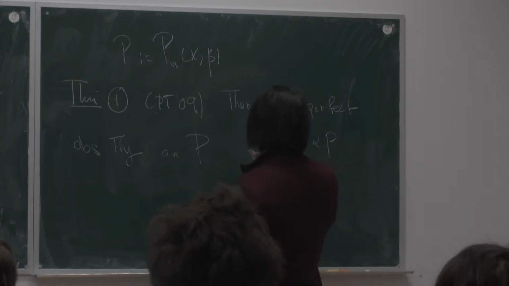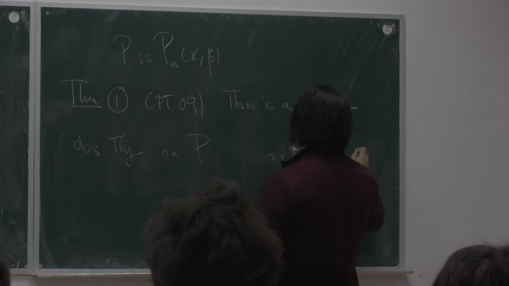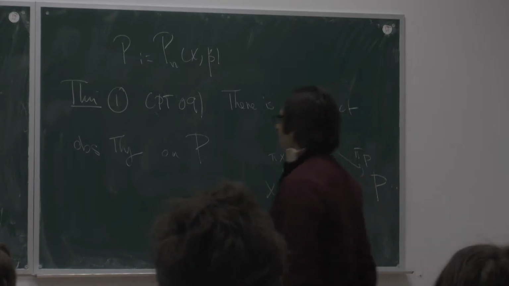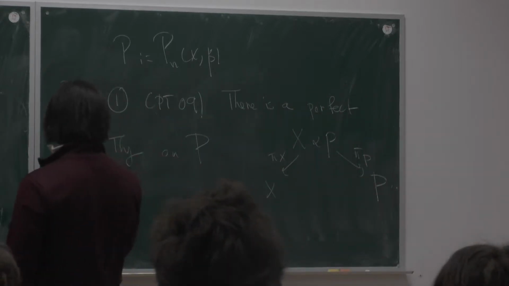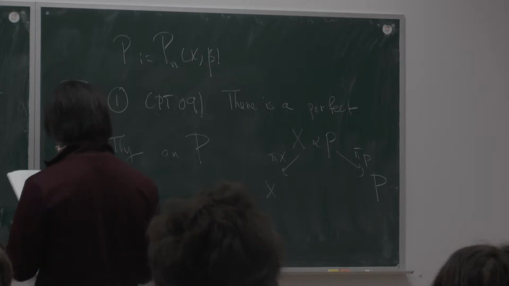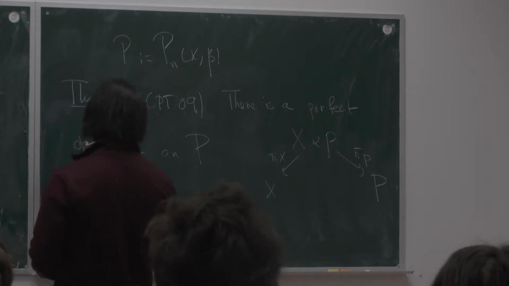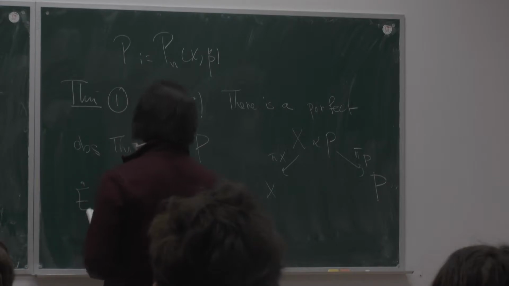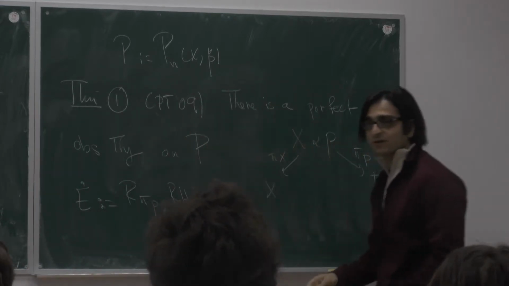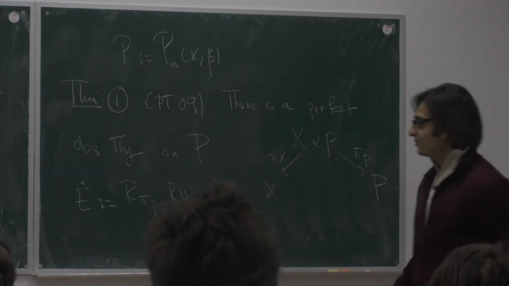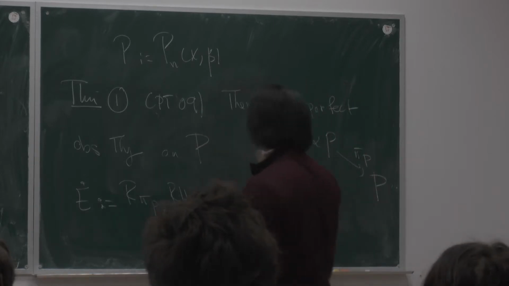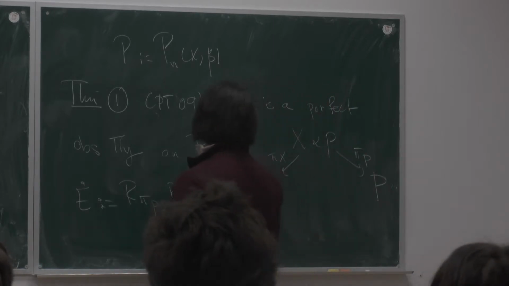So if these are the obvious maps, this obstruction theory is defined by R pi P lower star. As I told you, it's the self-extensions of the universal object in the derived category that represents our universal sheaves and sections.